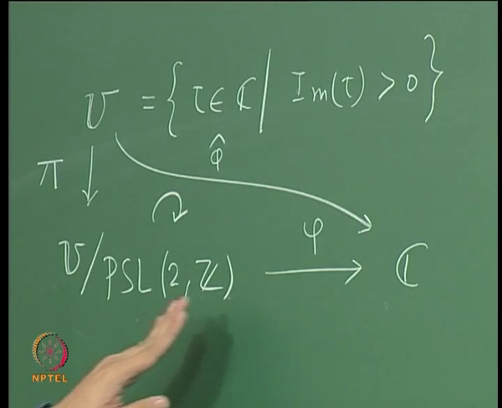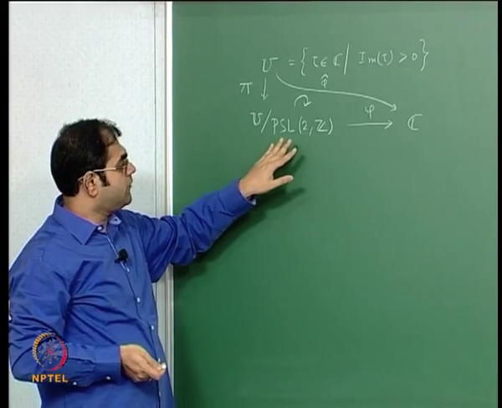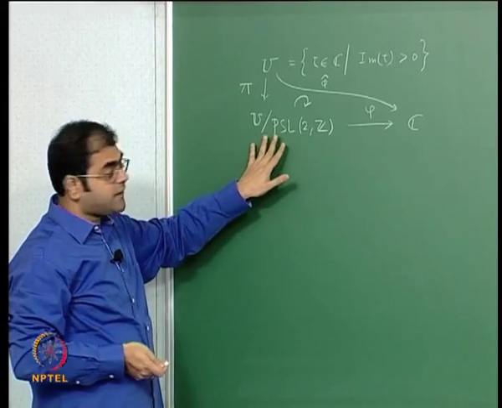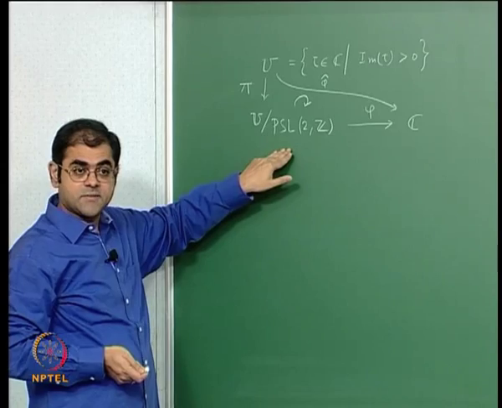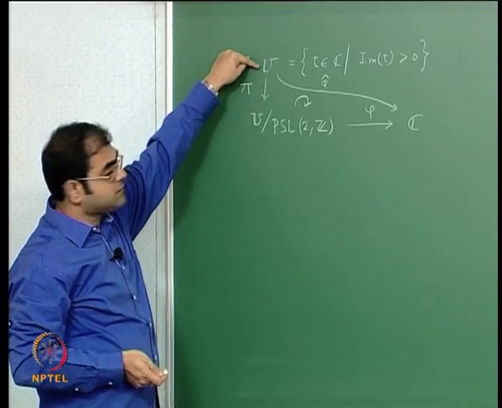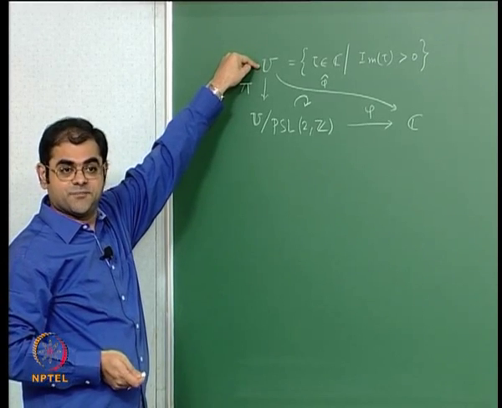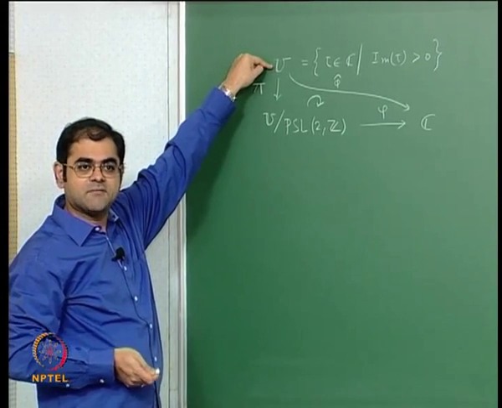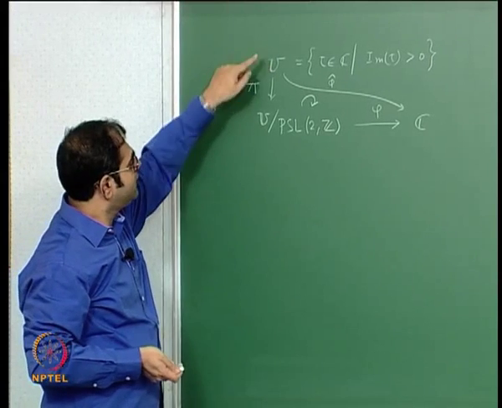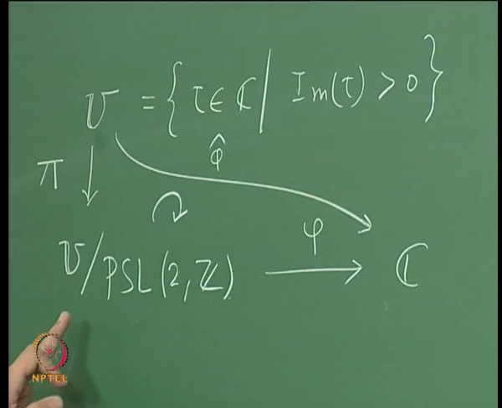So trying to find even a holomorphic function, for that matter even a set theoretic function on this Riemann surface, is trying to find a function on the upper half plane which is constant on orbits. It has to have the same value on orbits, only then will such a function on the upper half plane go down to define a function on the set of orbits.